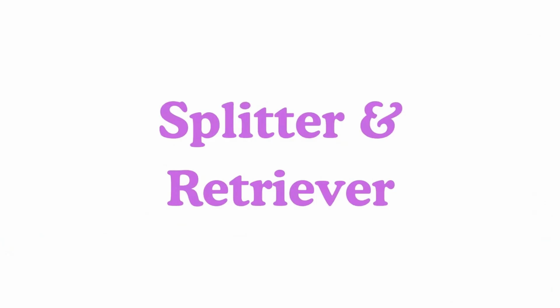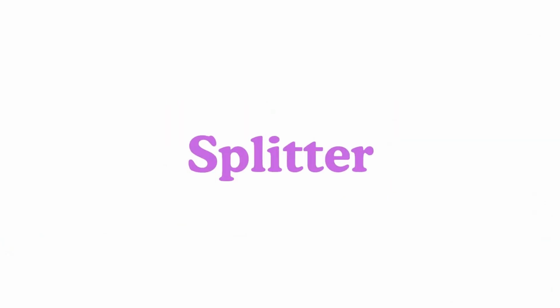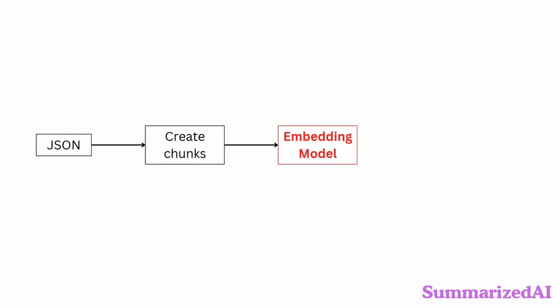We will first start with the splitter. Assume we have documents or JSON data that needs to be converted into embeddings and stored in a vector database. Create smaller chunks for the content present in the document or JSON data by using one of the embedding models.